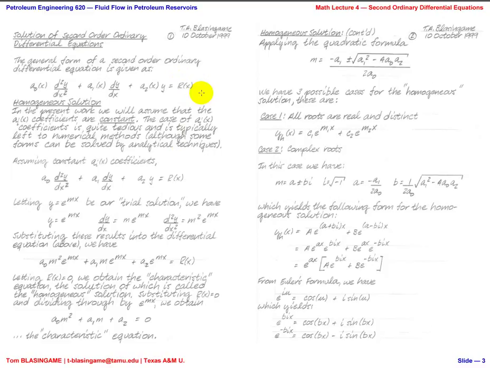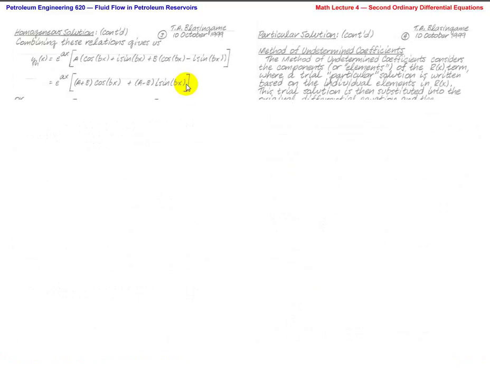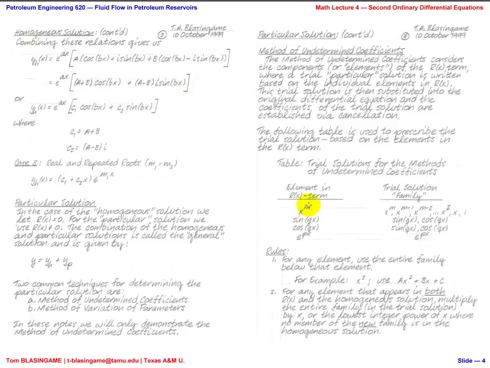That is, if R of x turns out to be a polynomial, you have to assume that the particular solution is going to be given by a polynomial of degree m, which is the term that you're going to have in the differential equation.